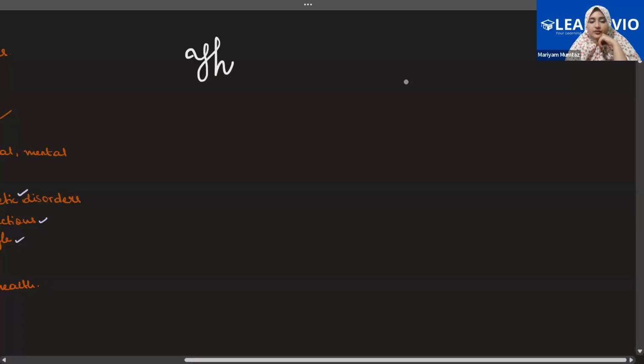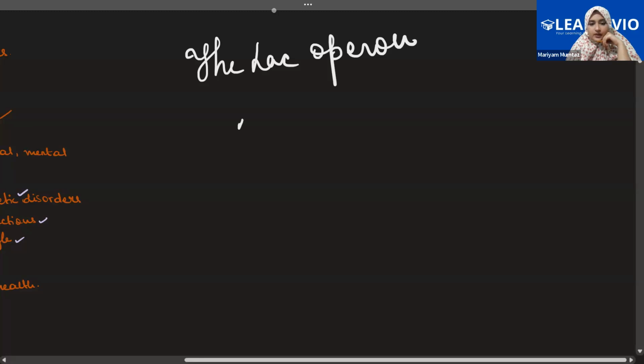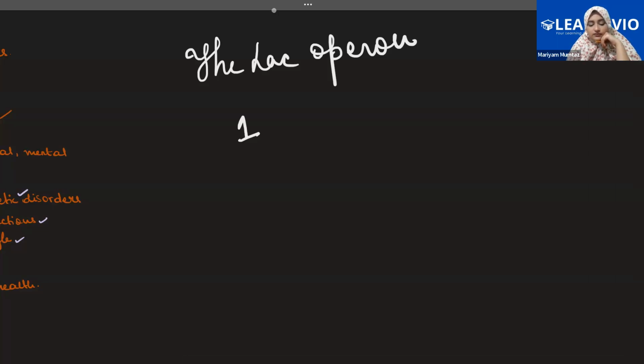Okay, very good. Now your heading should be the lac operon. Now in that you write down: the lac operon consists of one regulatory gene or inhibitor gene.